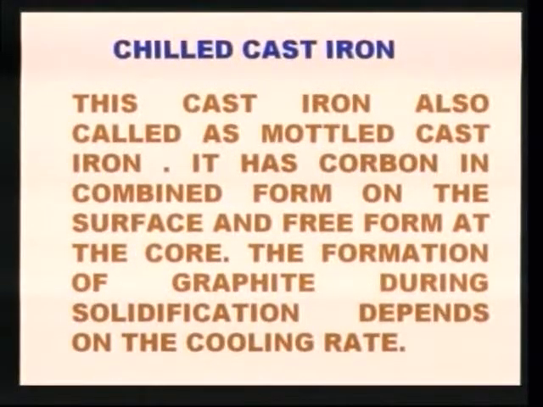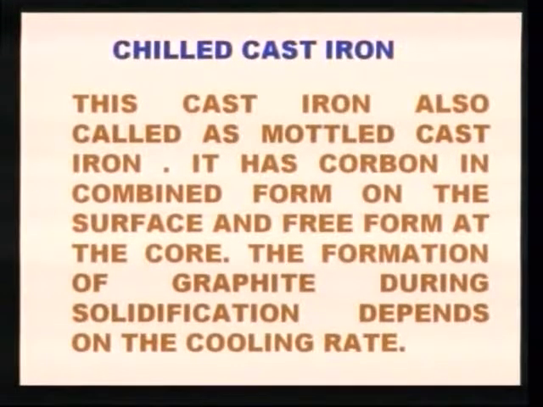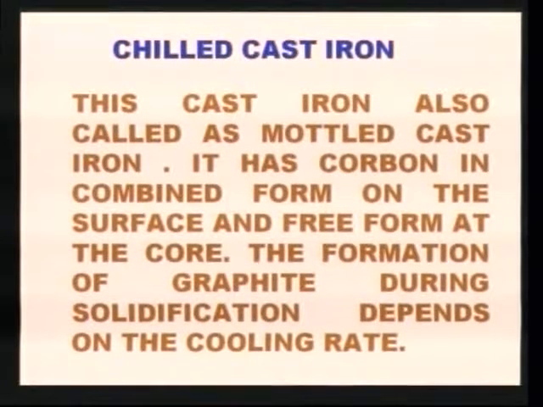Another type of cast iron is chilled cast iron. This cast iron, also called mottled cast iron, has carbon in combined form on the surface and in free form at the core. The formation of graphite during solidification depends on the cooling rate.